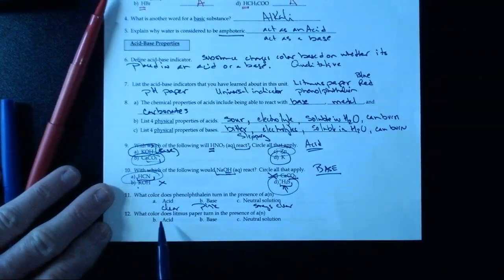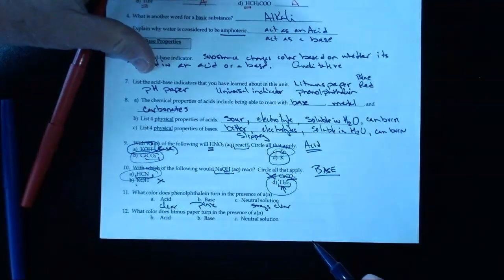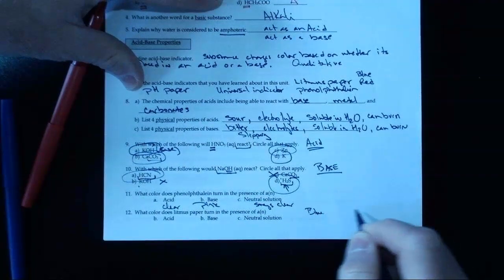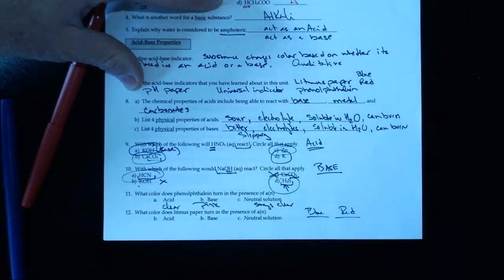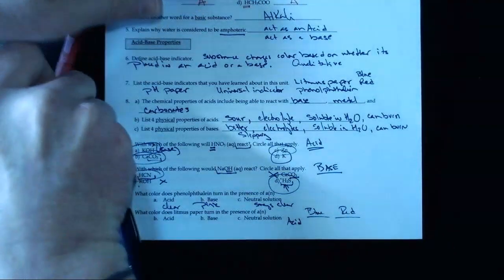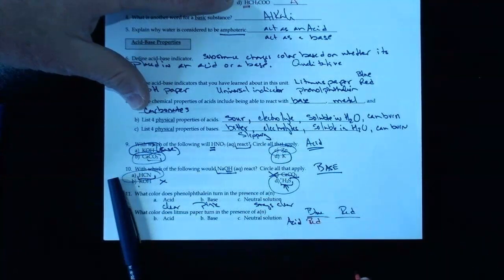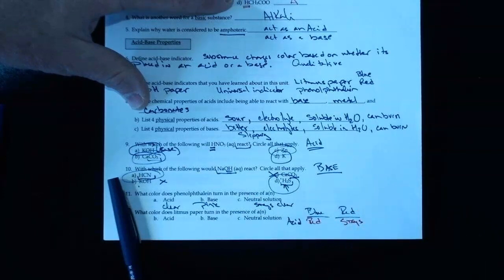Number 12 says, what color does litmus paper turn in the presence of an acid, a base, or a neutral solution? Well, remember that you have blue litmus paper and you have red litmus paper. In an acid, blue litmus paper turns red. Red litmus paper stays red.